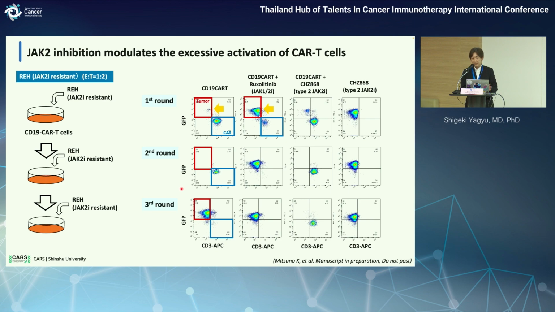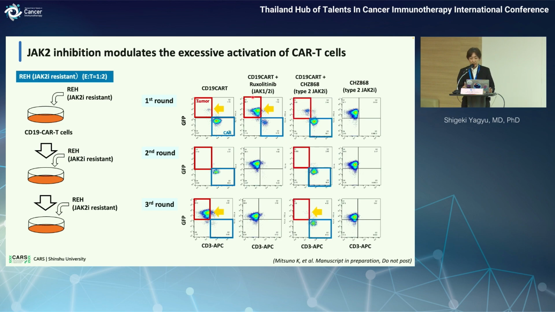As we expected, when we co-cultured leukemic cells with CD19 CAR T cells in the presence of ruxolitinib, ruxolitinib completely blocked the anti-tumor function of CD19 CAR T cells, probably because JAK1 inhibition impaired the activation of the downstream of the CD3 zeta chains.